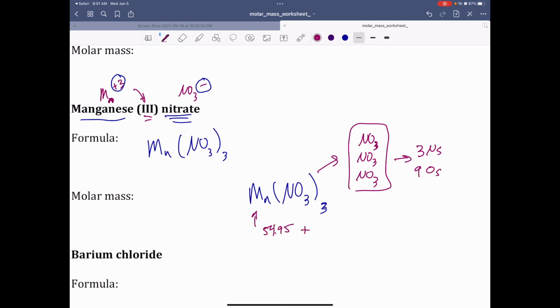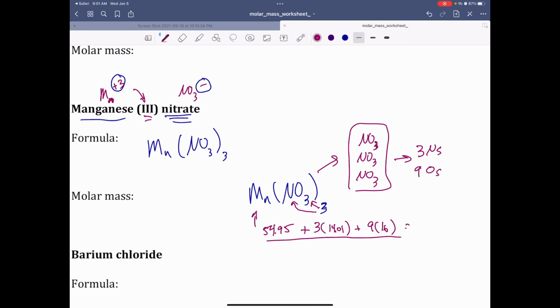Now we're going to add up the other pieces. We've got 3 nitrogens, and the molar mass of nitrogen is 14.01. And then we actually have 9 oxygens. So this is how I'm choosing to write it this time. Again, there are a lot of ways you could write this whole thing. This is the way I'm choosing to do it.